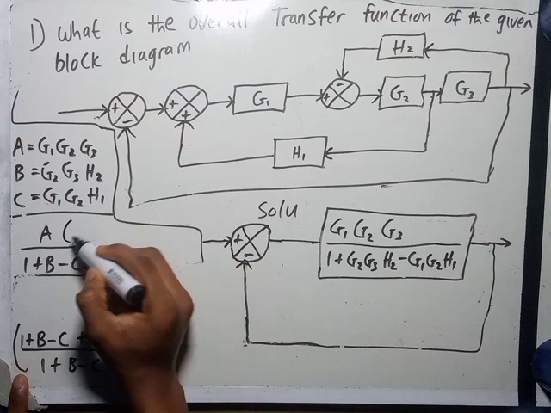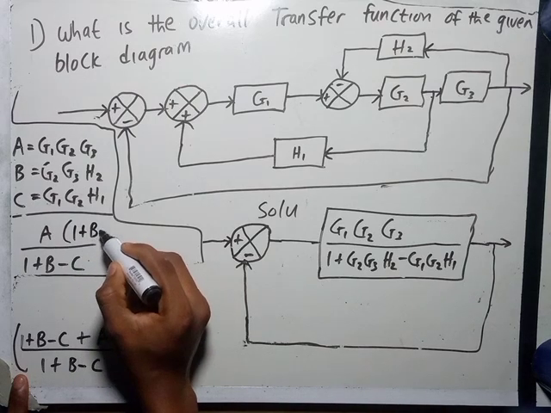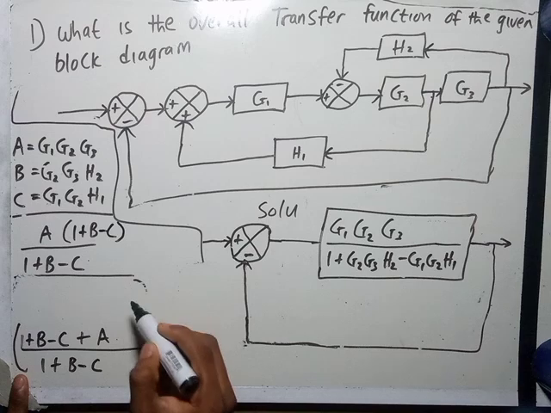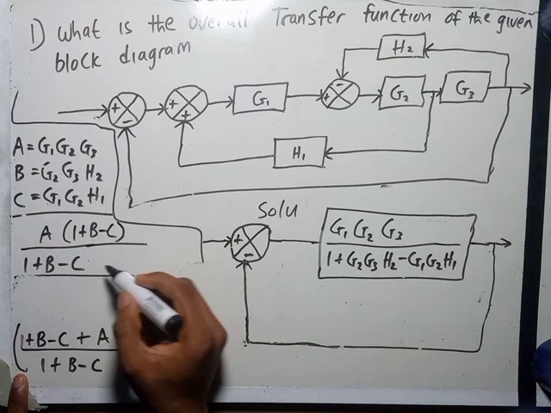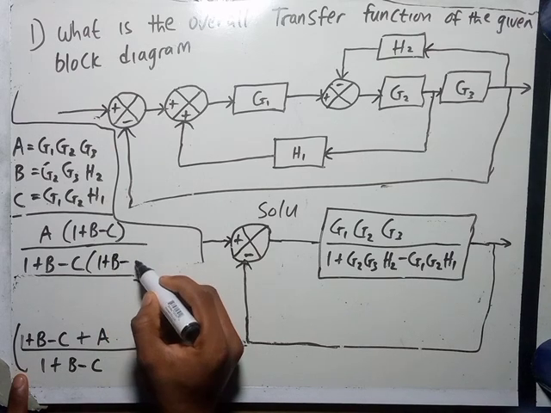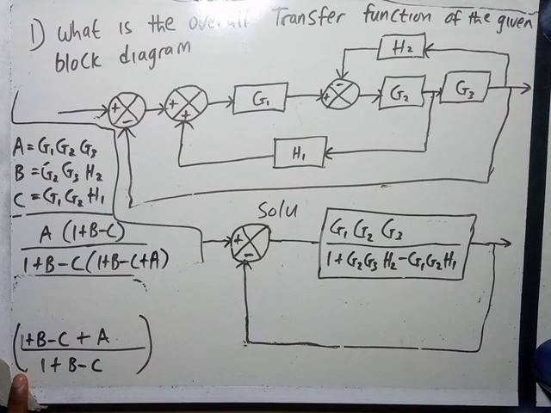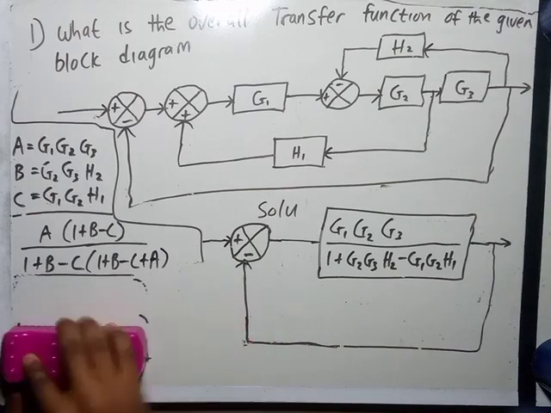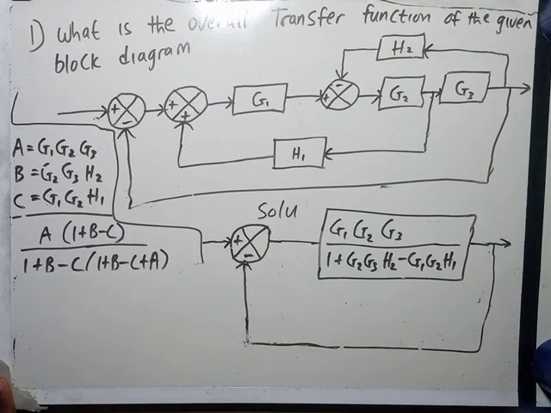We have brackets 1 plus B minus C over this one multiplying here. We'll be having 1 plus B minus C plus A. So now this is our new expression.